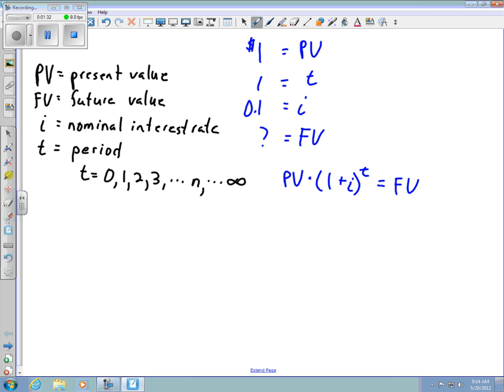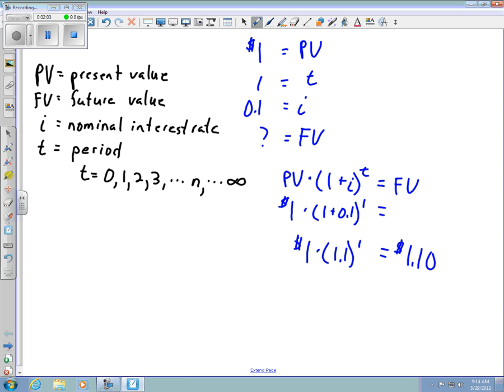So if we had this 10% interest rate, we'd have $1 times 1 plus 0.1, and it's only 1 year in the future, would equal what? That's $1 times 1.1 taken to the first power. It would be worth $1.10.